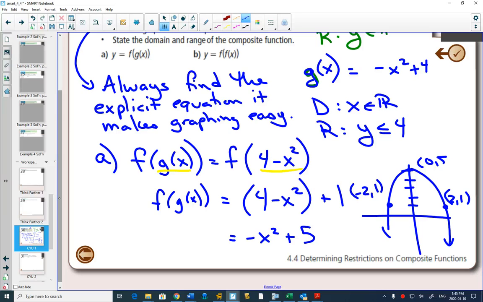Really easy to graph. What's the domain and range? Again, x is everything. Range, y is less than or equal to 5. So that note, always find the explicit equation. It makes graphing easy. It also makes your domain and range easy.